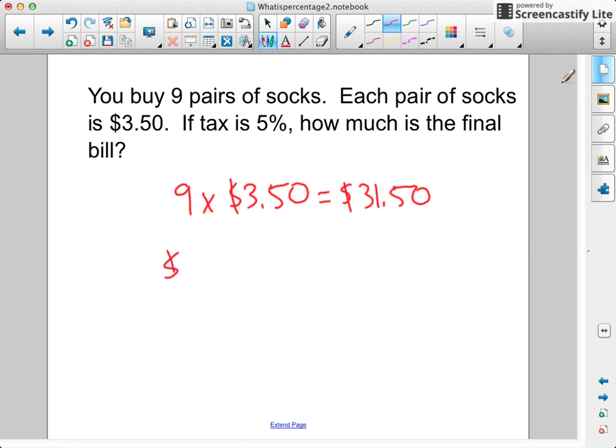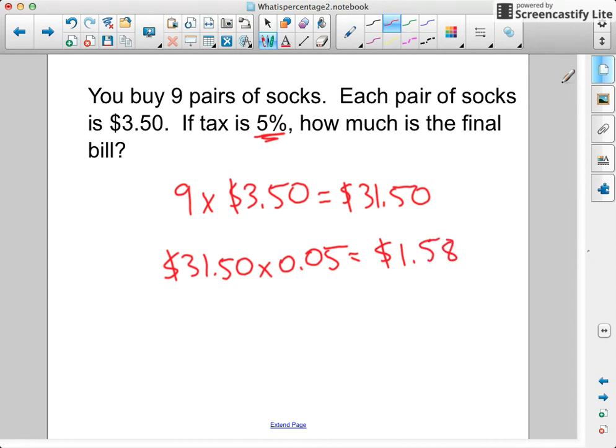Now I have to add the tax on there. So I'm going to take my total now, $31.50, multiply it by the tax, which is 0.05 when you change 5% to a decimal. And my tax is going to be, after I round it because it's money, $1.58.